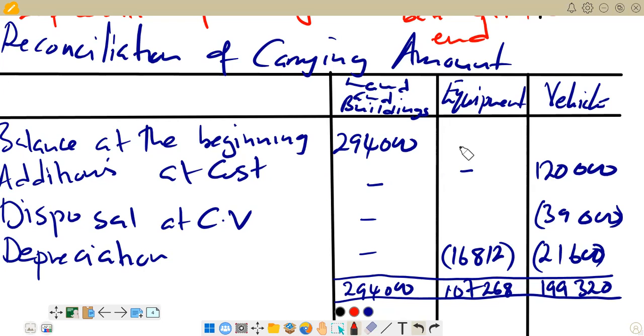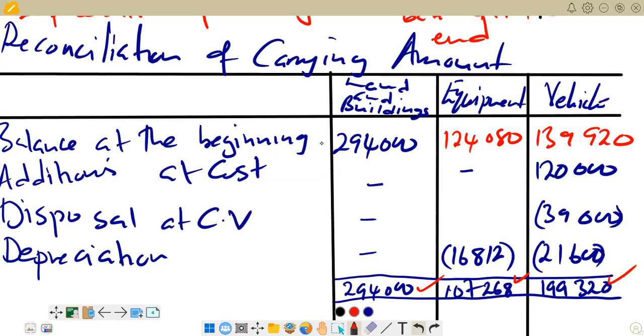The answer that you're supposed to get for equipment is 124,080, and for vehicles it's 139,920. But as this is just a reconciliation, remember the figures that we are going to post to the balance sheet are the balances that we have at the end. So this is what we have in terms of reconciliation of carrying amount.